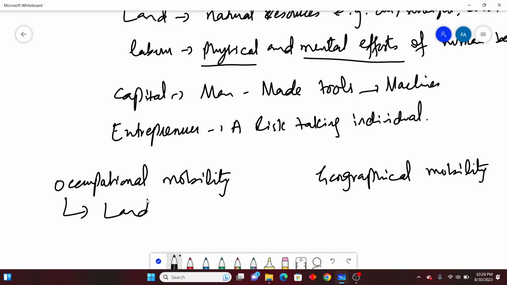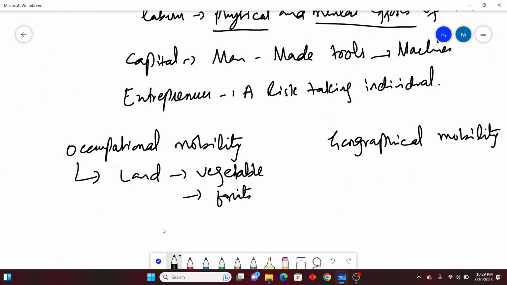If we talk about land, let's suppose land is being used for vegetables. Can we use that land for fruits? Yes, we can. Or maybe we could use that land for establishing a factory.